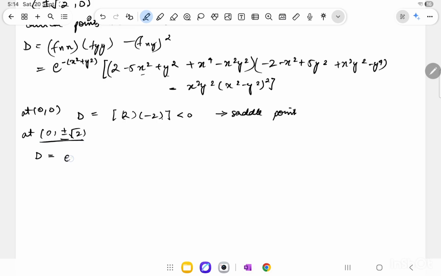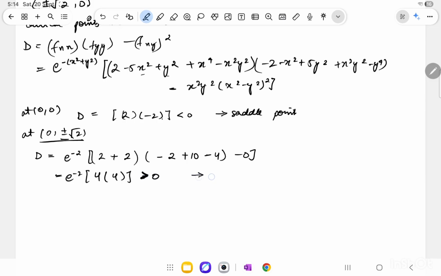So we'll be getting e raised minus 2 into (2 minus 2 plus 2, and here it will be negative 2, plus 10 minus 4, and this term will be 0 only). So it will be e raised minus 2 into 4 into (10 minus 6, that is 4). This is 16 e raised negative 2, that is greater than 0. So these points are extrema points.